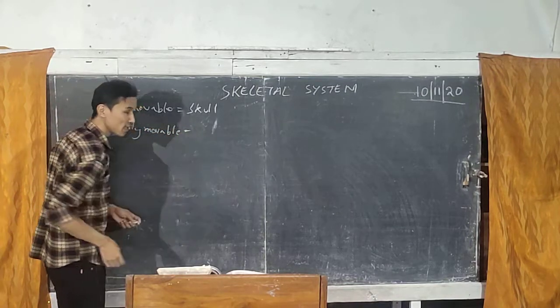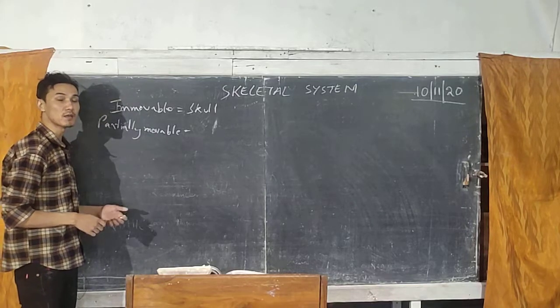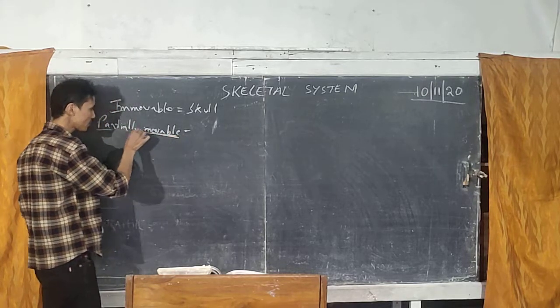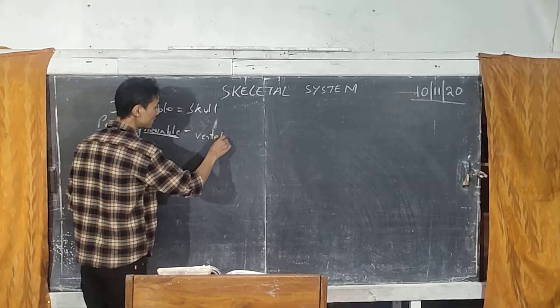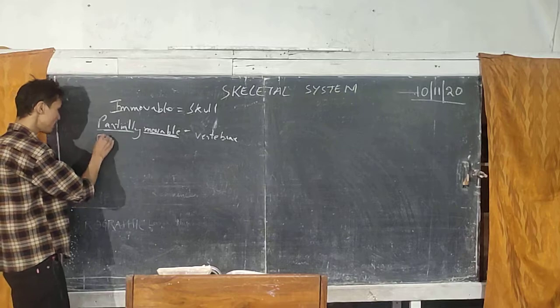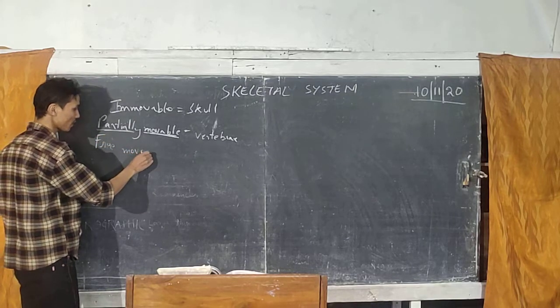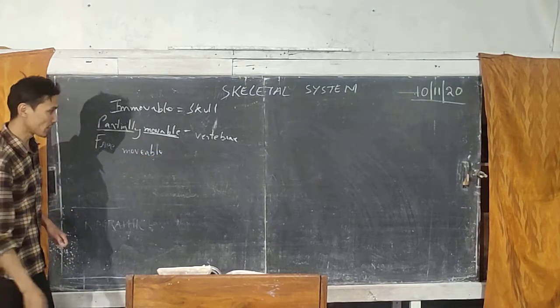Partially movable means it permits only a slight movement. It does not allow free, complete movements. So these partially movable joints are found in the vertebrae or your vertebral column. And then there are joints which allow free, complete movement, known as freely movable joints.